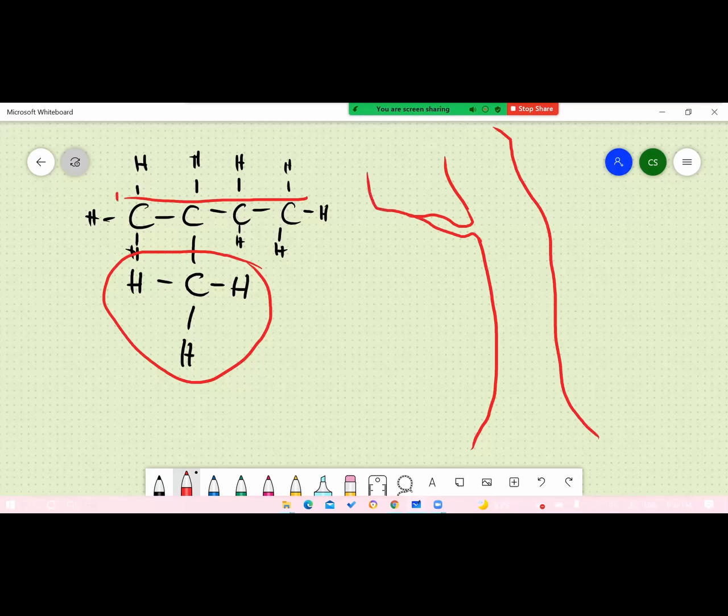So in this case, you have 1, 2, 3, 4 carbons going that way. If you go this way, 1, 2, 3. If you come from this side, 1, 2, 3, 4 going this way. This way in blue, that's 4 carbons.